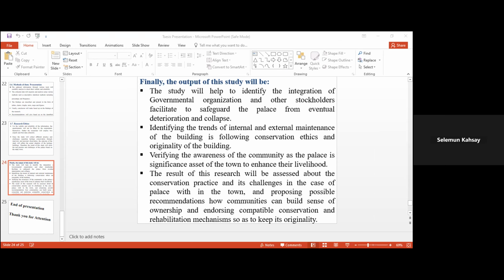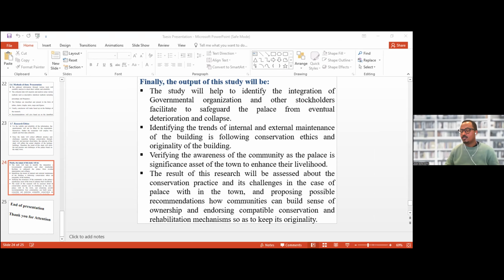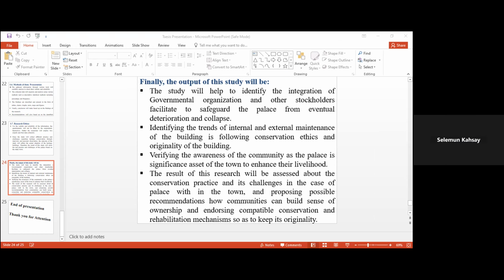May I? Yes, please. I would like to share some ideas, Jikros. This is more of an architectural thesis than urban planning. It focuses on just a single building.